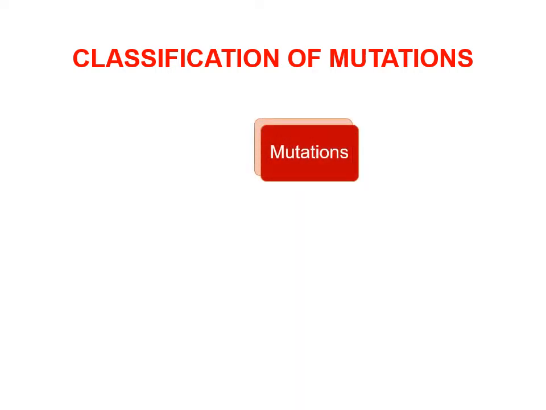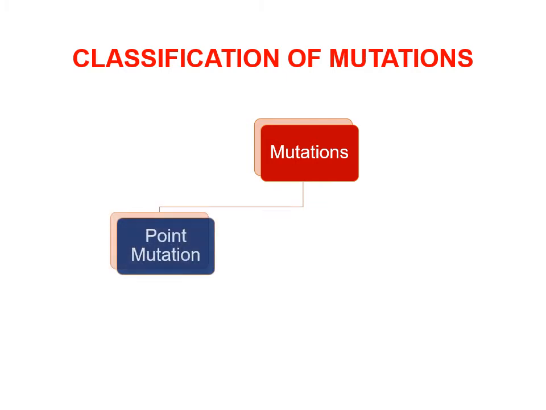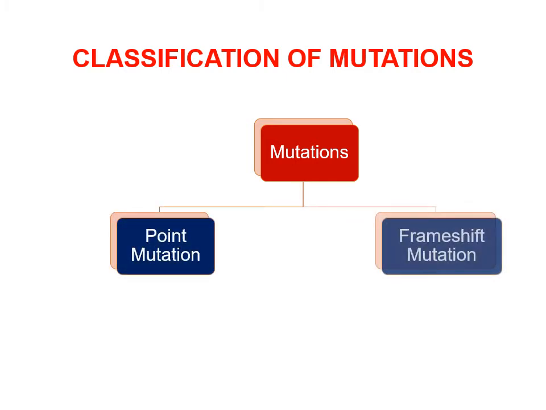Coming to the classification or types of mutations. The small mutations which take place in the DNA structure can be broadly classified into two types: point mutations, which occur due to base substitution, or frame shift mutations, which occur due to insertion or deletion of bases.